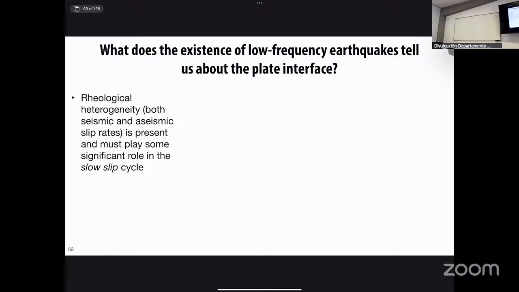And so this is already telling us that on the plate interface, we have some sort of heterogeneity of how the interface behaves. We typically talk about this as rheology. And the idea is that the fact that these processes happen together is probably not an innocent coincidence, but that they're telling us something about how the plate interface actually behaves.